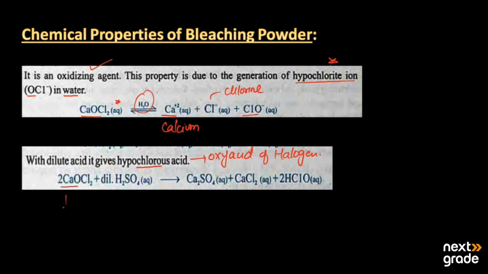When bleaching powder reacts with dilute H2SO4, sulfuric acid, it produces three compounds. The number one compound is calcium sulfate CaSO4, the second is calcium chloride, and the third is hypochlorous acid. Why is it named hypo? Because it contains only one oxygen in it, so it is named hypochlorous acid.